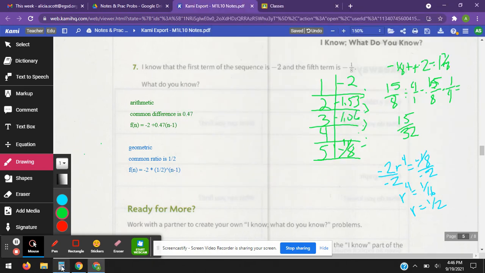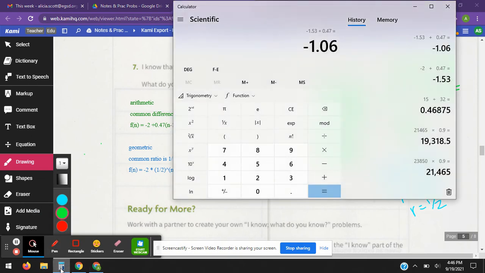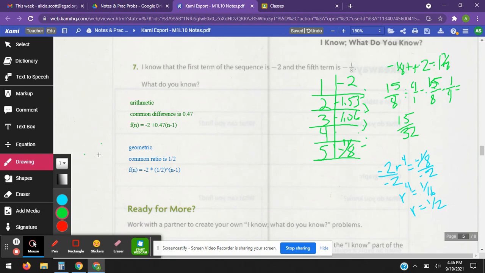And if I add 0.47, I can do that one again. Oh wait, no, I'm going backwards. Plus 0.47, -0.59. And this one is actually a -0.125. So you're just getting a little higher up there with that. So it's really close.